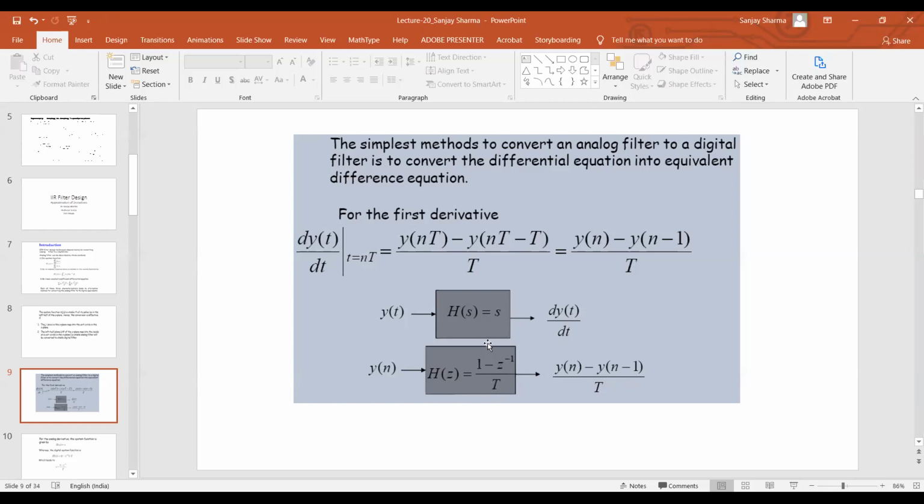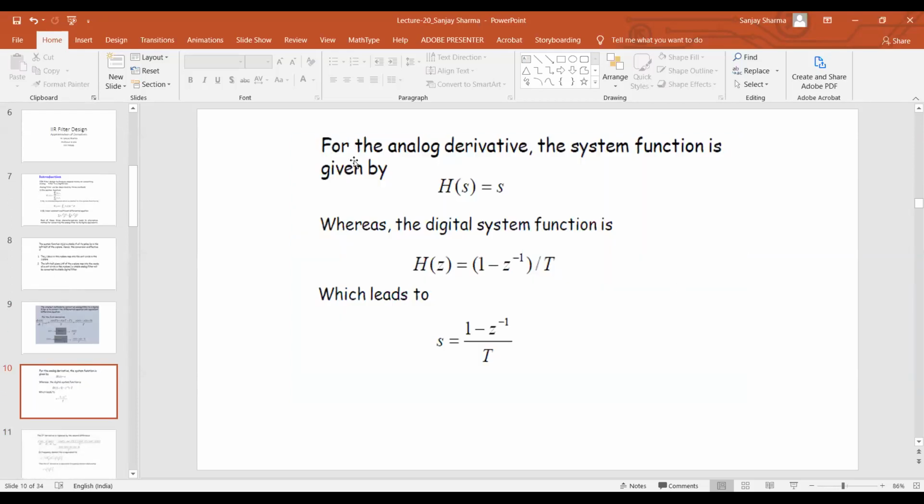That is the transformation that we get. For the analog derivative, the system function is given by H(s) equal to s. If you analyze, it will be equal to the derivative of y.